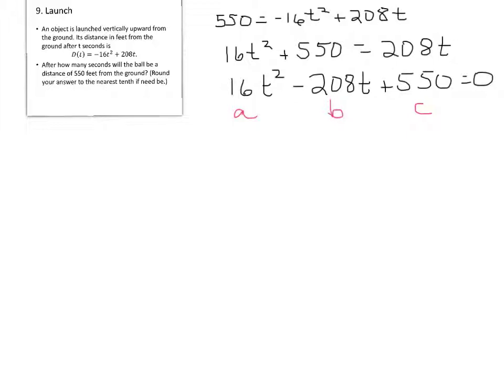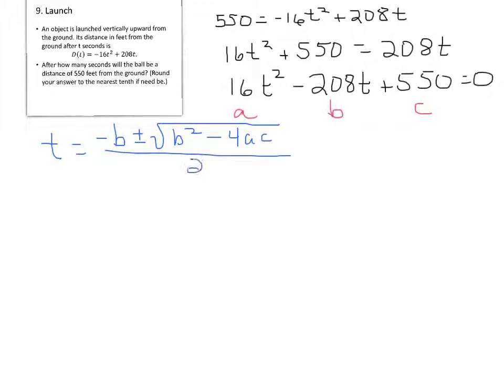The quadratic equation says that your variable is going to be equal to negative b plus or minus the square root of b squared minus 4ac, over 2a. So this is an exercise in being careful about your substitutions.